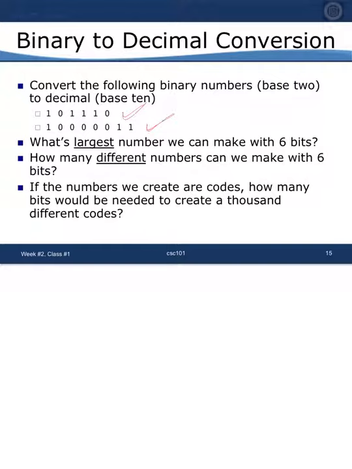Okay. Then we have a couple of other follow-up questions. If I have 6 bits, right, so 6 zeros and 1s at my disposal, what's the biggest number I could make in our world? And then also maybe tell me the range of numbers and how many different ones I could make. And maybe just as a last question, if you needed 1,000 different codes, how many bits do I need in order to do that?